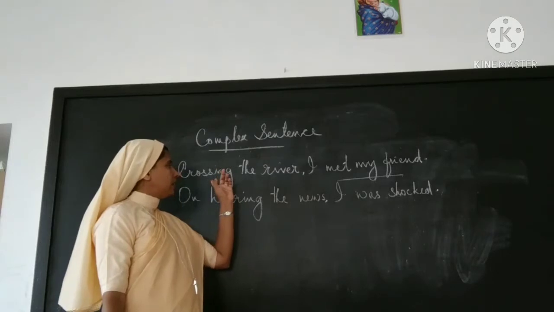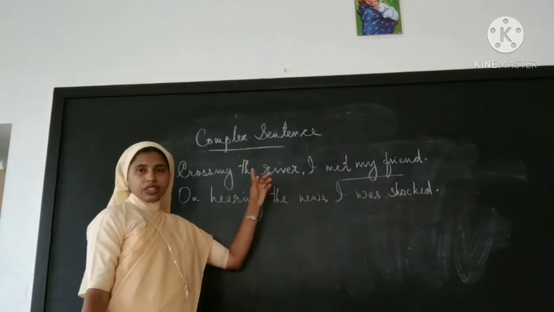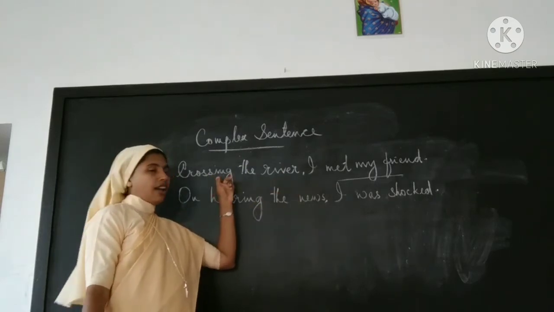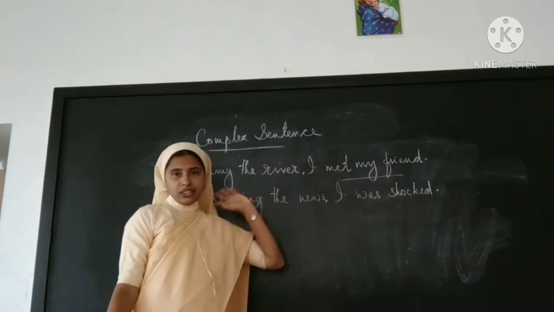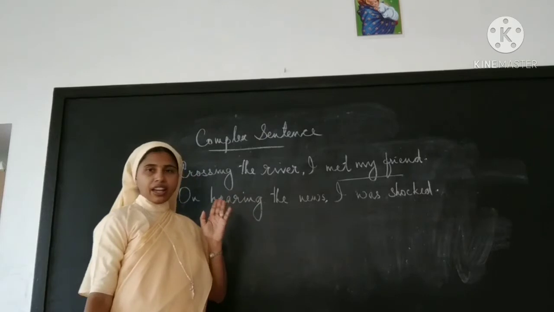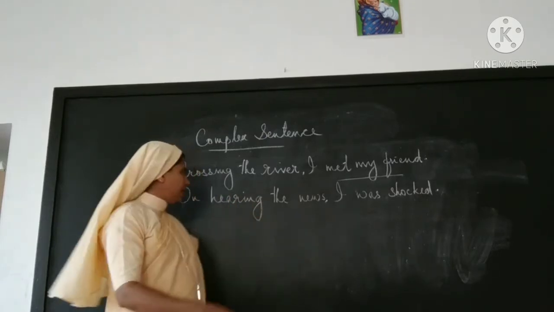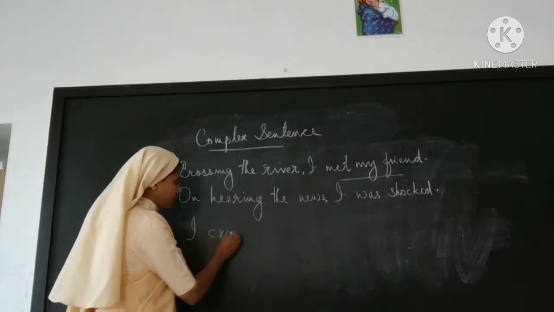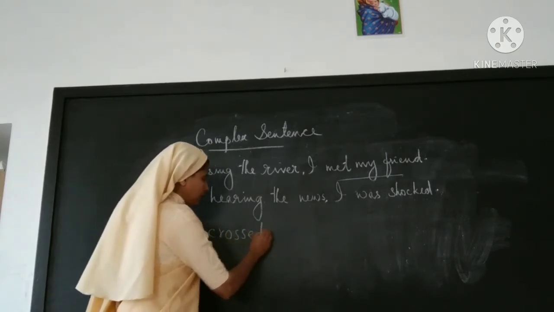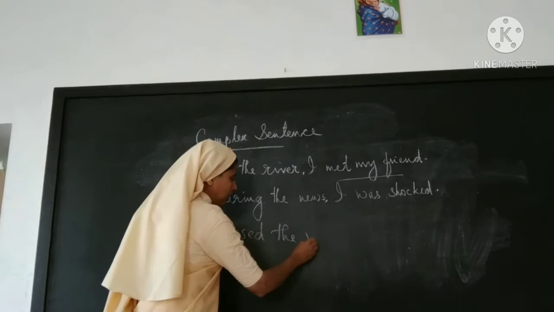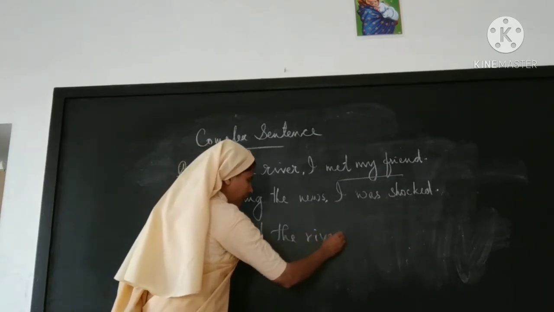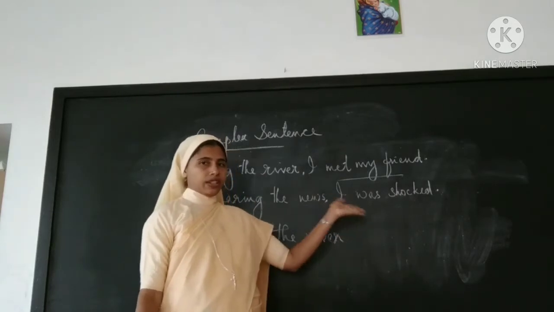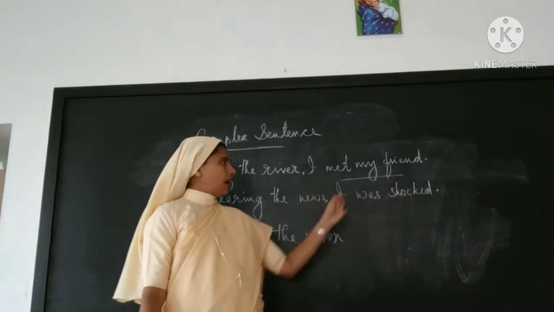And here, crossing the river. How can you make it into a clause? I crossed the river. Let's make it into I crossed the river. And it can be changed into two sentences: I crossed the river, I met my friend.